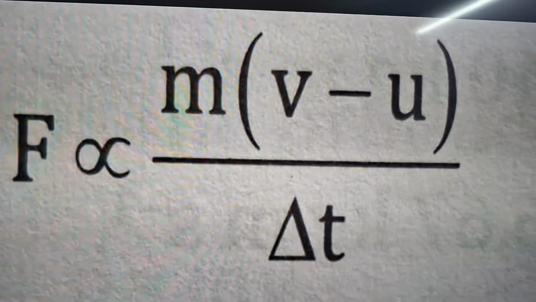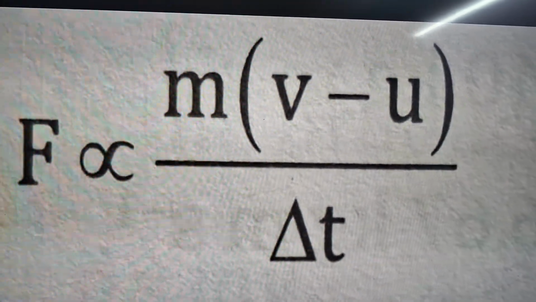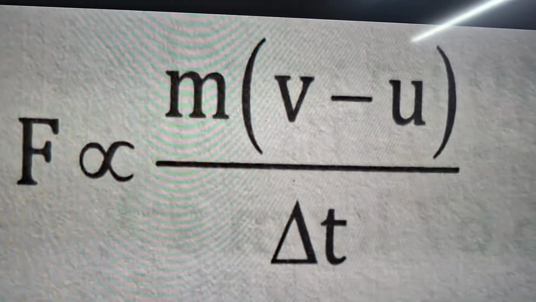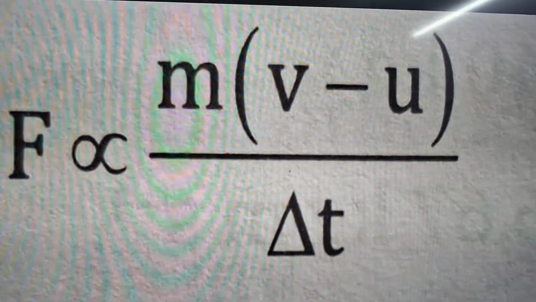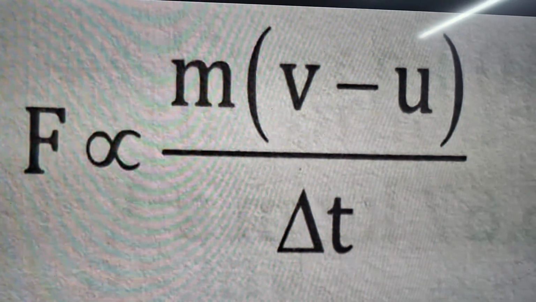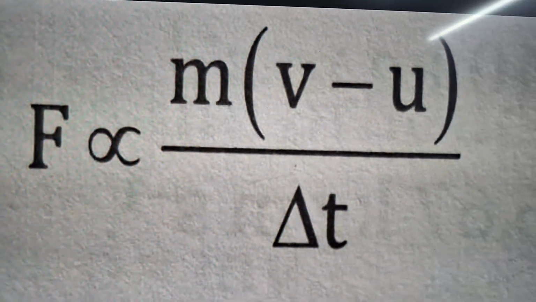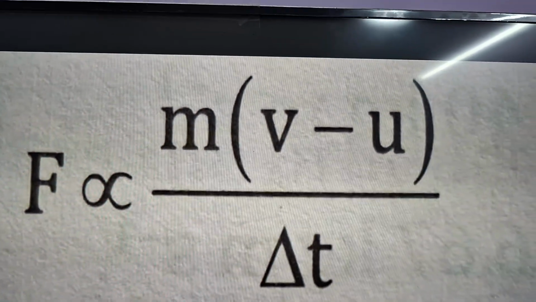Let me introduce the parameters. M is the mass of the object, V is the final velocity, and U is the initial velocity. Let's say a football is rolling on the floor.